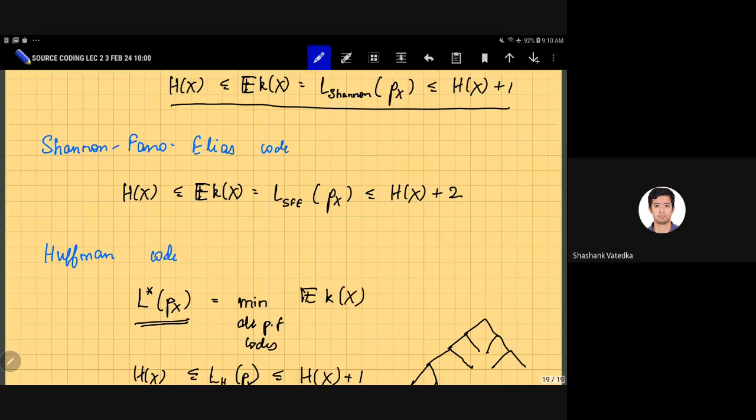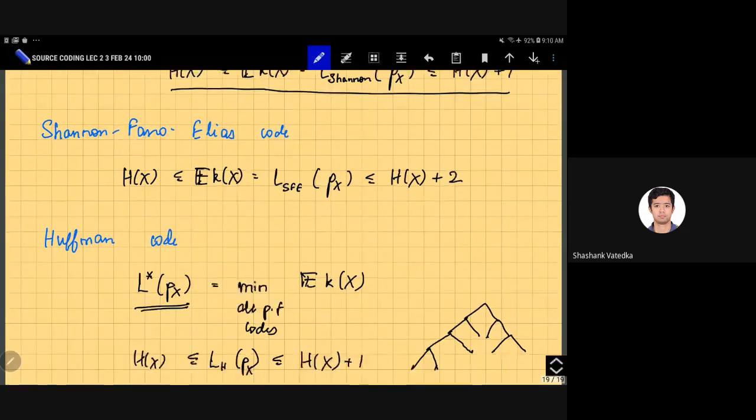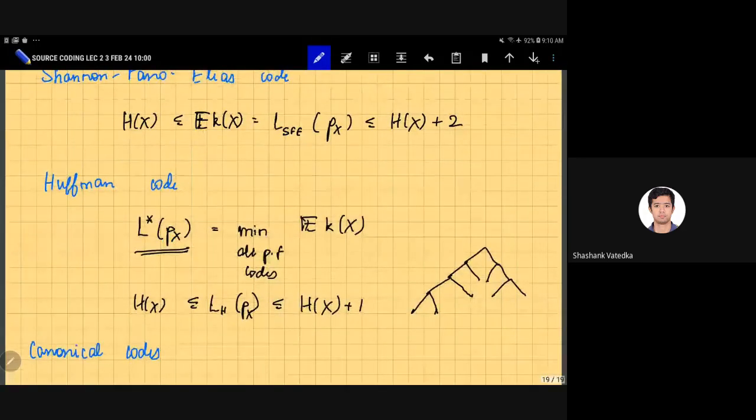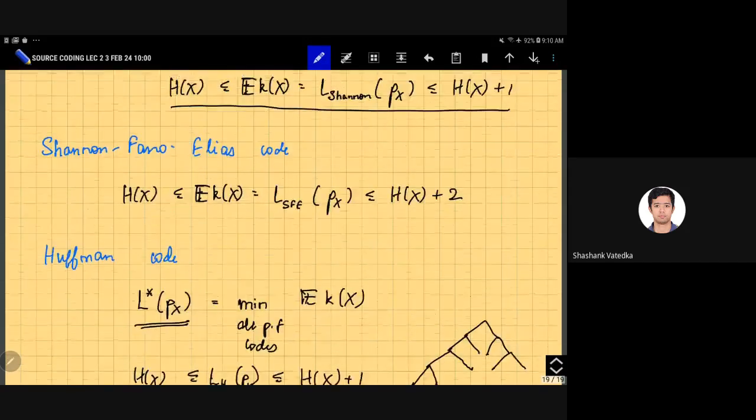Okay, so here's a question before we proceed. As we've seen, the best bounds that we have for the expected length are H of X and H of X plus 1, both for the Shannon code and the Huffman code.